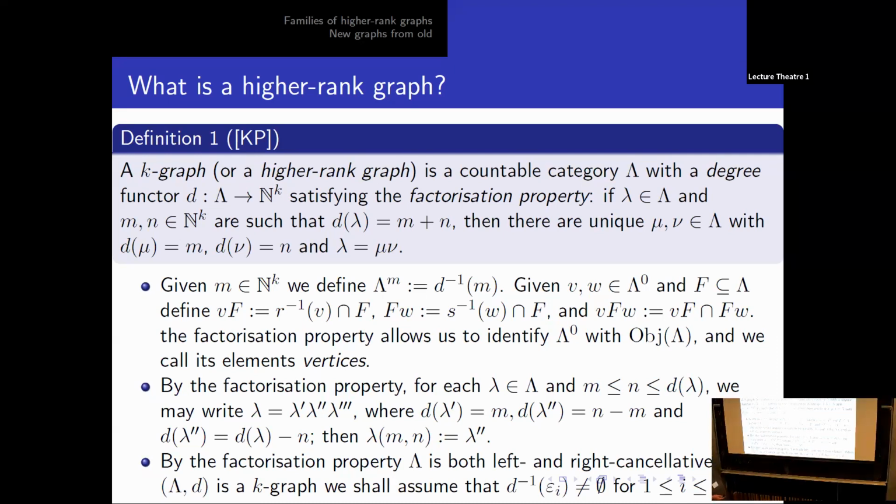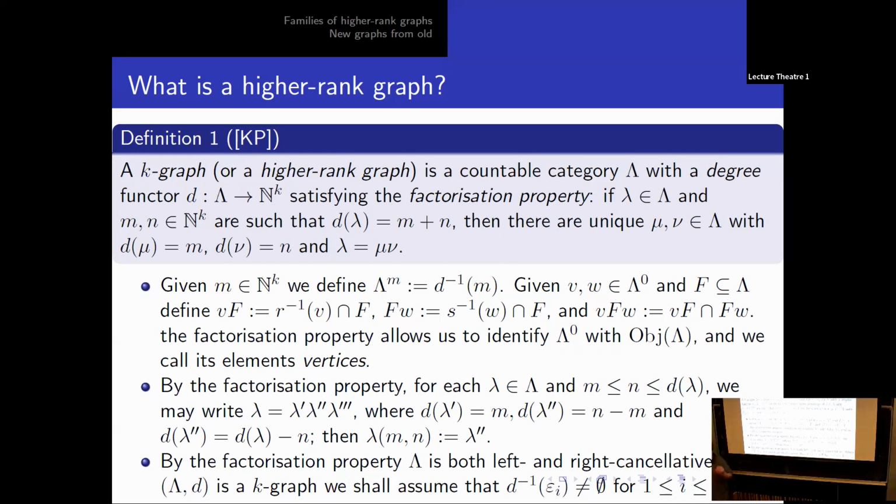And by the factorization property, it's really because the receiving object is N^k, the rank graph is both left and right cancellative, and also to avoid some awkwardness, I shall assume that every basis vector of N^k is the range of some morphism.